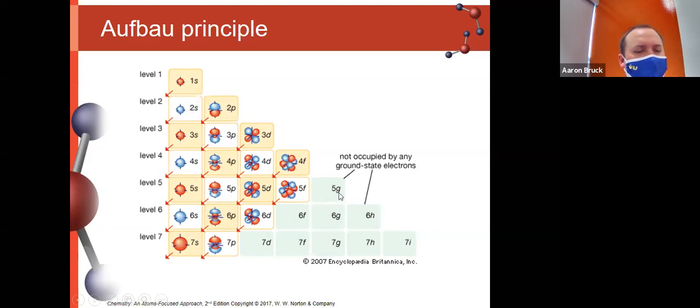Now, the reason we don't consider the 5G or the 6F or the 7H orbital or any of these light green ones here is primarily because they're only in existence for excited states. A ground state electron never fills these.